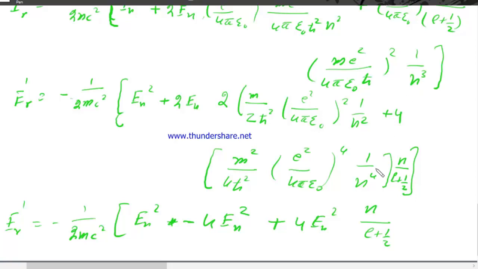This is n³. We produce n in the denominator, and then this is the n⁴ and n^(1/2). Okay, and this is this term, like this.